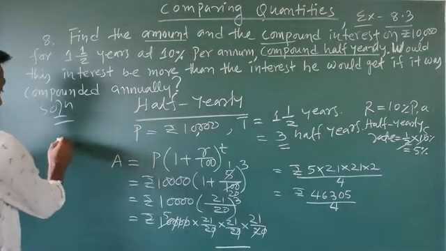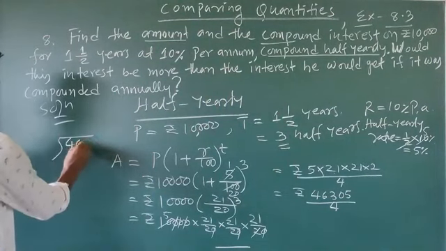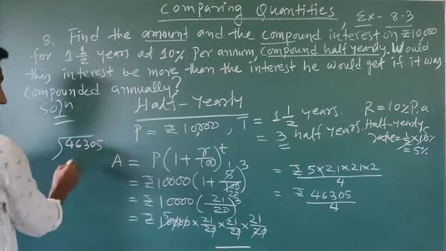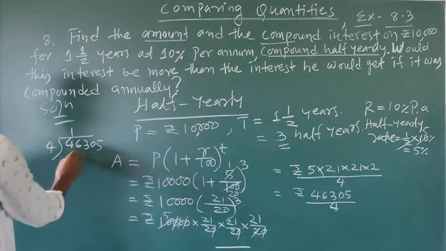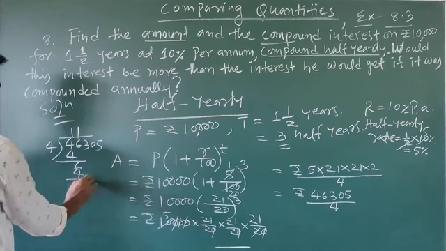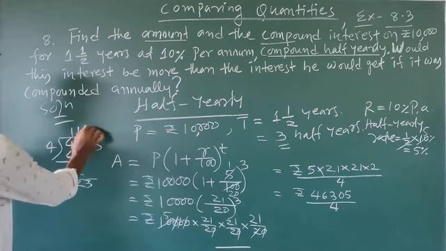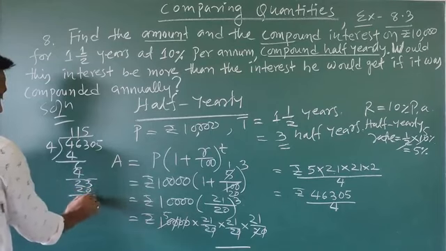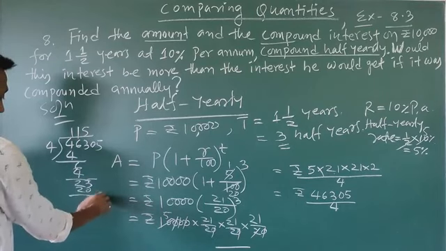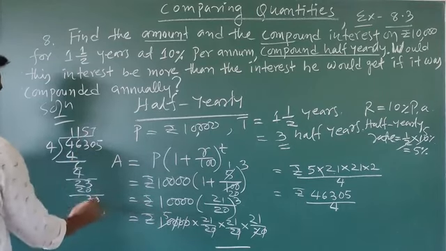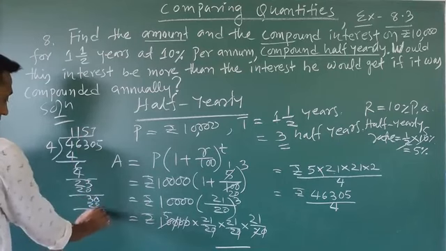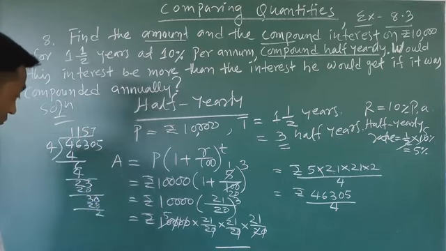Now 46,305 we divide by 4. 4 1 is 4. 6 minus 4 is 2. Now bring down 3. 4 5 is 20. Now bring down this 0. 4 7 is 28. 30 minus 28 is 2.